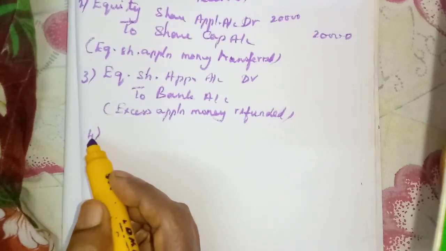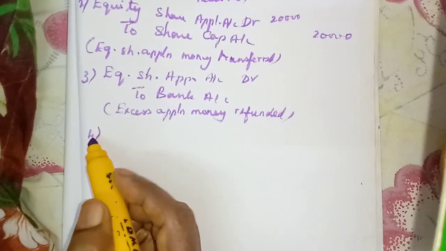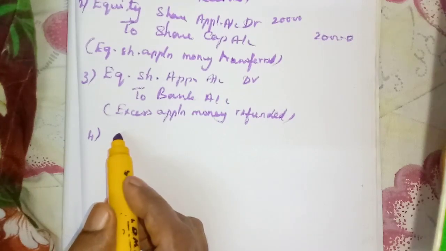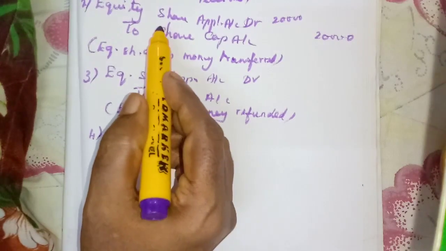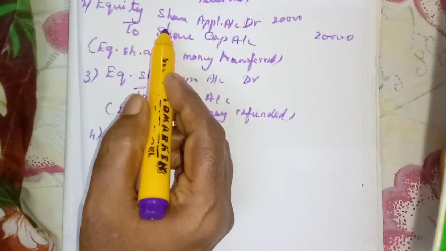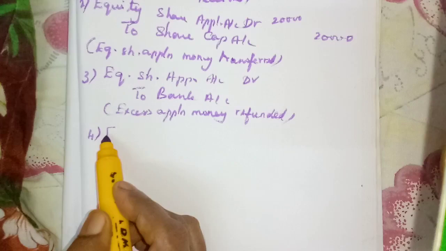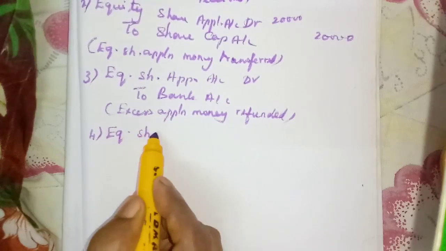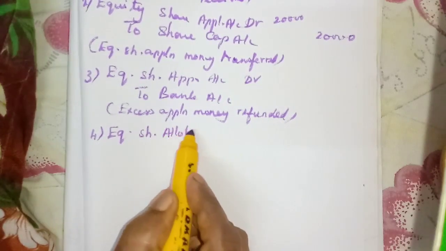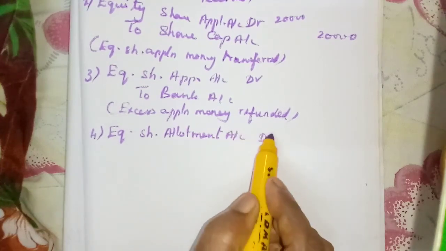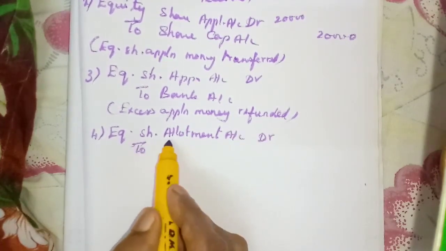Then the allotment. Here this second entry will be the base. Equity share allotment account debtor to share capital.